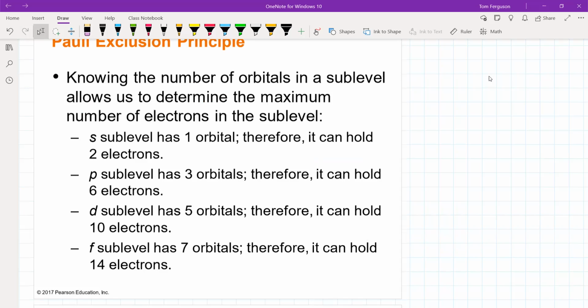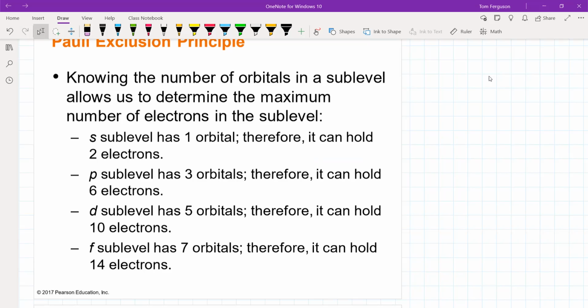Now these are the 4 sublevels or subshells. S, P, D, and F. Okay, S sublevel or subshell here has only 1 orbital. That means you're going to either have 0, 1, or 2 electrons in there.